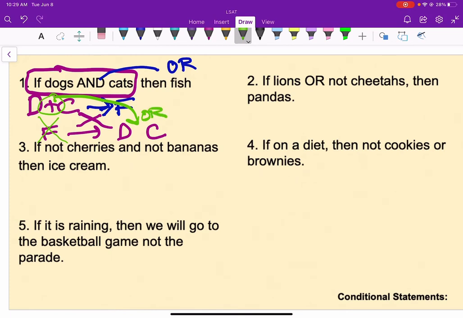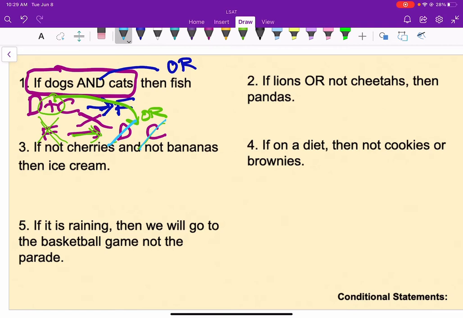And so what this means is that if I don't have fish, that is sufficient for knowing that I for sure did not have a dog or I didn't have a cat. I might not have had either, but technically couldn't I have a dog? Because if I have a dog and a cat, then I have fish, but just a dog is not enough to have a fish.